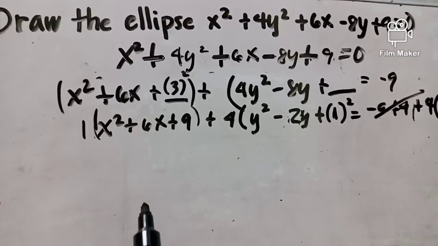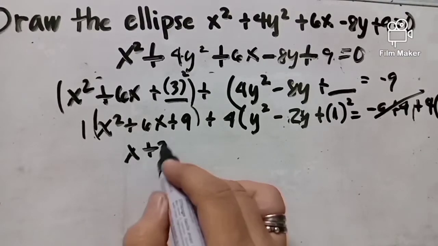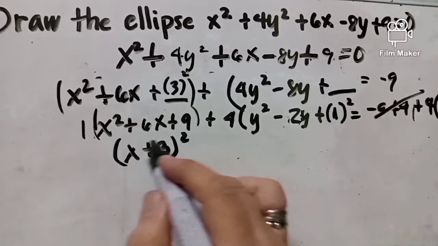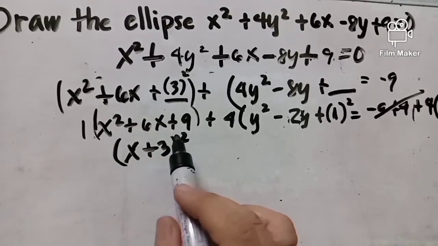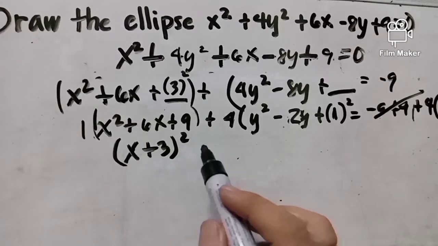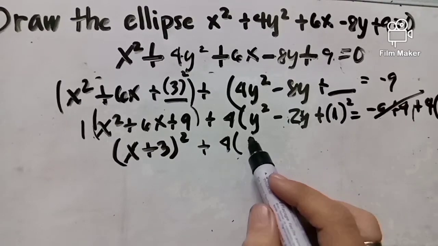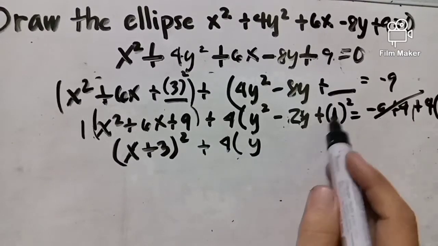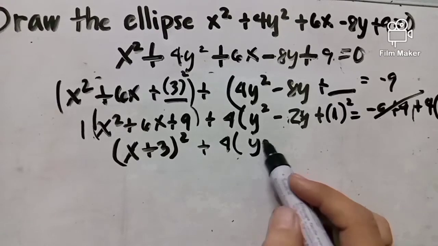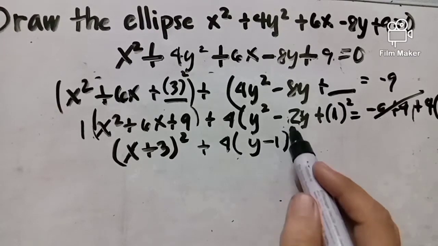Take note. Tapos, ito makakancel na yan. Ito ibabalik natin sa form. So, ito ay x plus 3 squared. Bakit? Kasi x times x squared, 3x and 3x, yun yung 6x, and 3 times 3 will be 9. So, ito 4. Ito naman, kasi 1 na yan, y minus 1 squared.